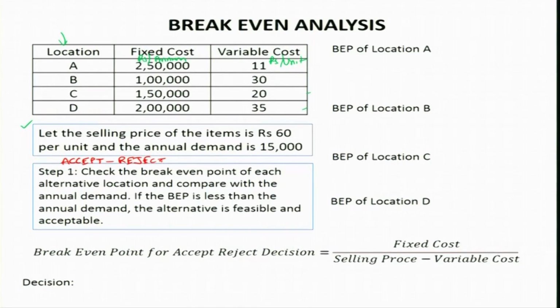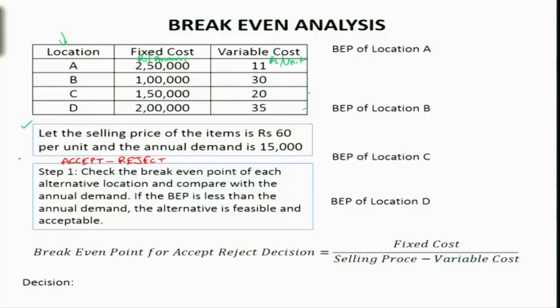If any alternative has a break even point higher than the annual demand, then that alternative need not be considered for the second stage; it should be rejected at the first stage itself. There we will see the break even point of these alternate locations vis-a-vis the annual demand. If the annual demand is lesser than the break even point, that alternative we have to reject.